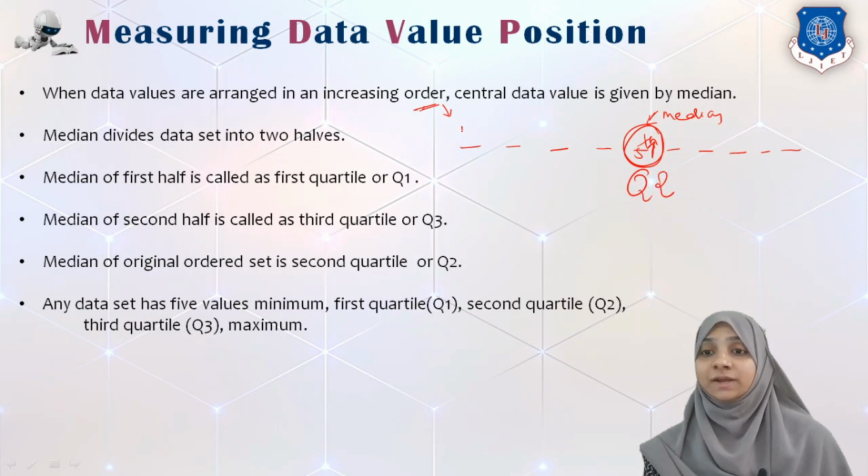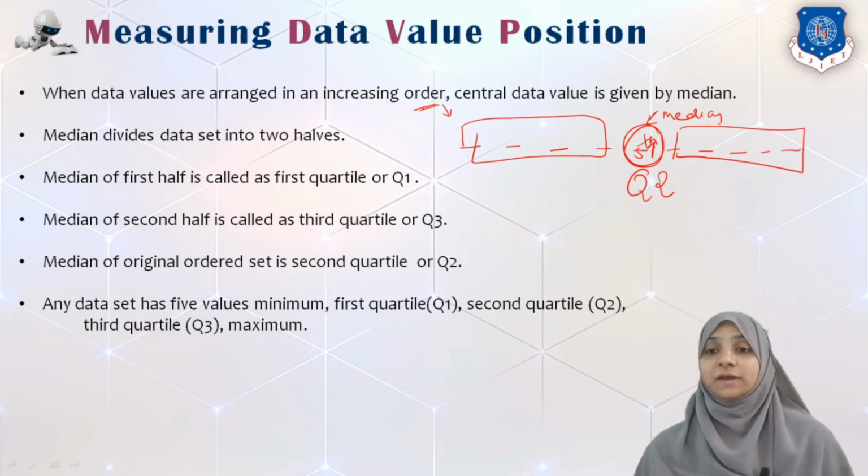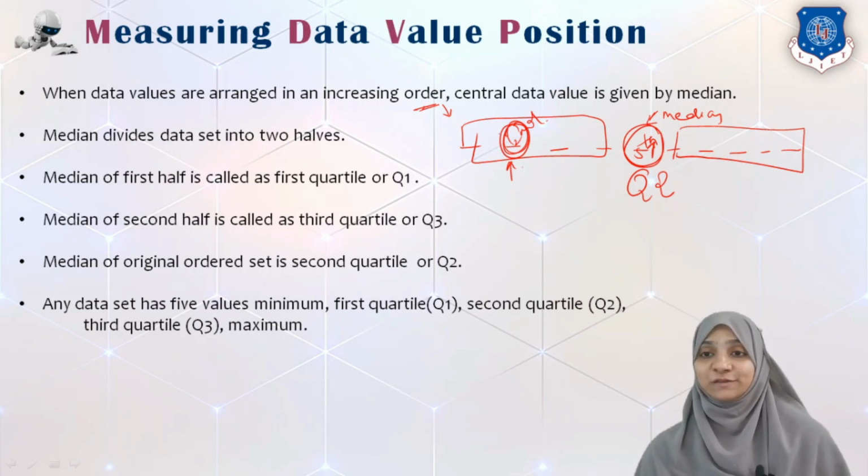The median will divide our list into two lists. This is the first half of the list and this is the second half of the list. The middle of the first half of the list, that means the second element, is the median of my first half list, and I will call it quartile 1. Similarly for the second half list, within this list I will find the median value.